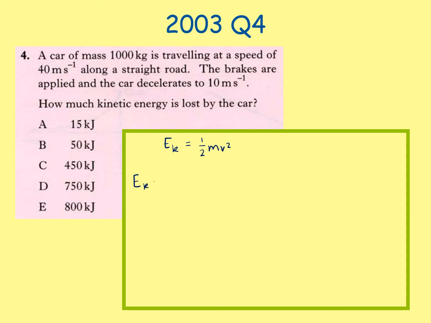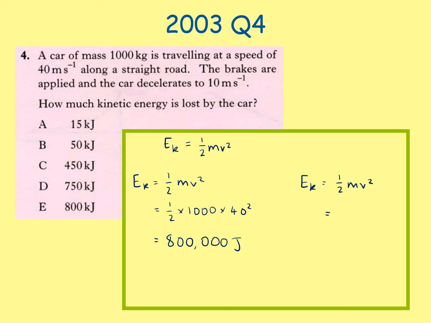So EK equals a half mv squared, which equals a half times 1,000 times by 40 squared. This is equal to 800,000 joules. Let's calculate our kinetic energy at 10 meters per second now.